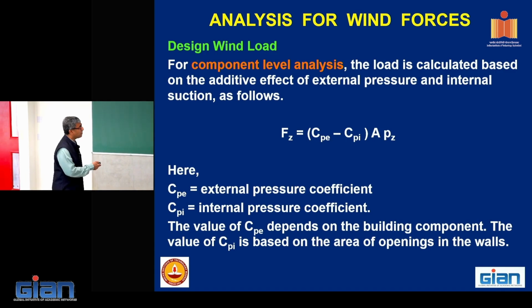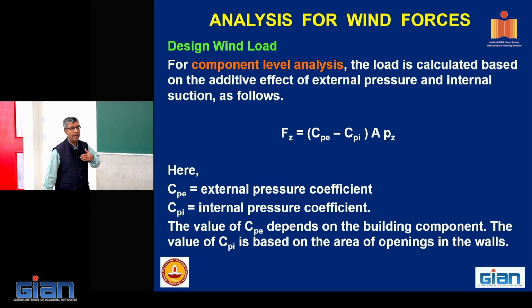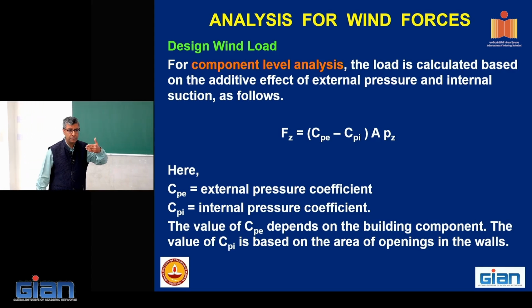Now if I do a component level analysis, then my expression is a bit different. In the component level analysis, apart from the obstruction, there is also a suction effect. That means it depends upon how much the wind can blow.